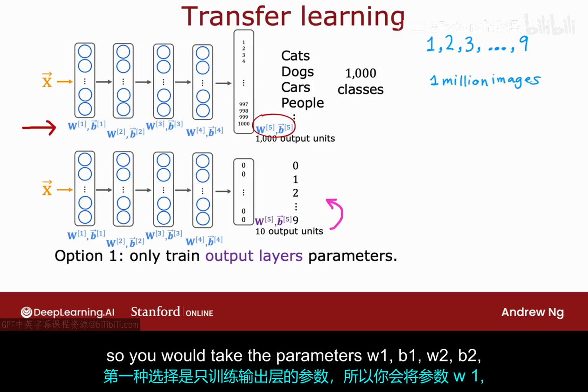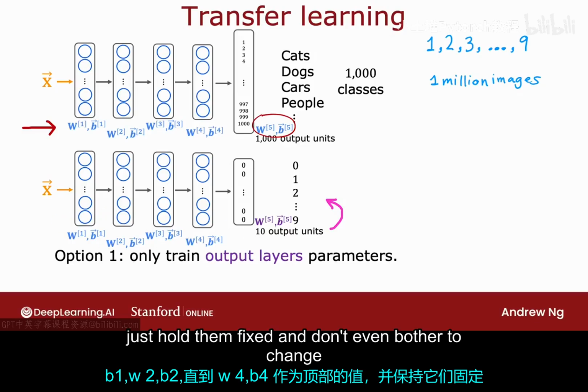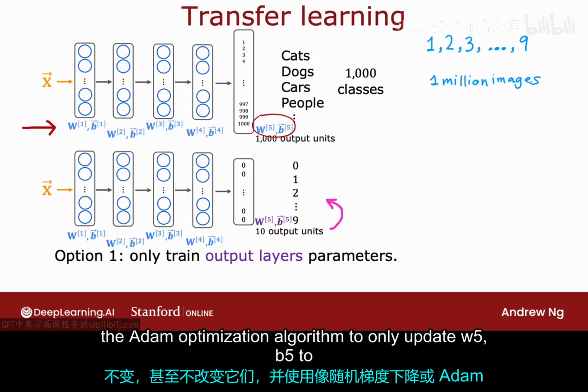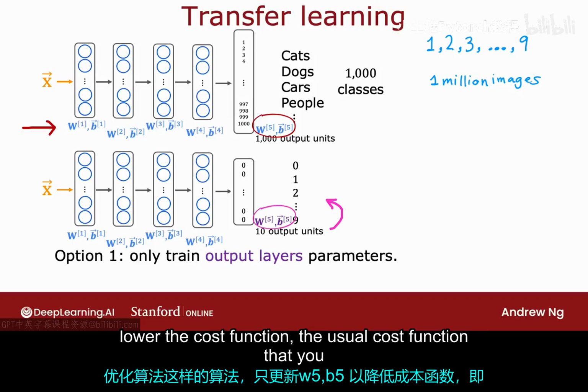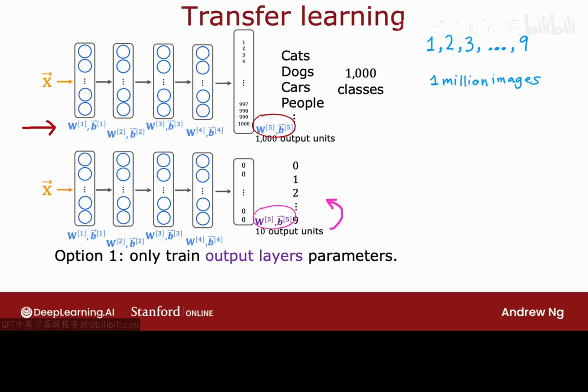So you would take the parameters W1, B1, W2, B2 through W4, B4 as the values from on top and just hold them fixed and not even bother to change them, and use an algorithm like stochastic gradient descent or the Adam optimization algorithm to only update W5, B5 to lower the cost function, the usual cost function that you use for learning to recognize these digits 0 to 9 from a small training set of these digits 0 to 9. So that's option 1.